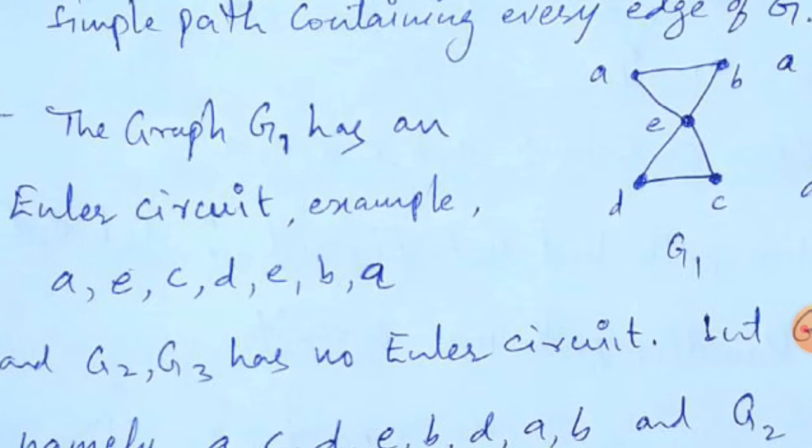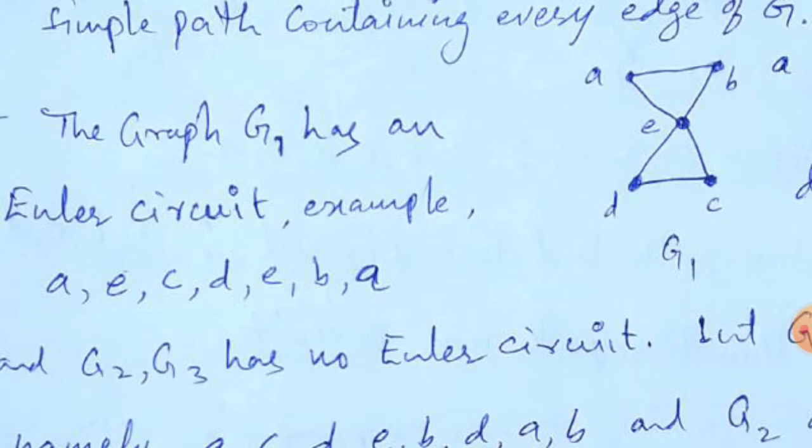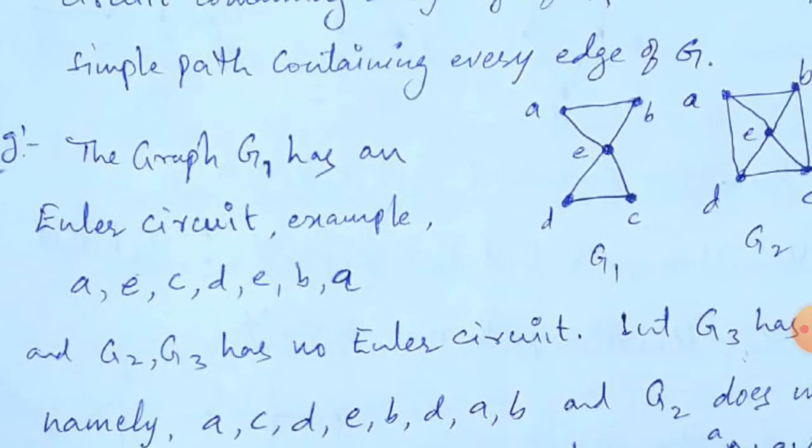Observe the definition: every edge is taken in this circuit, and we ended where we started. That is called an Euler circuit.